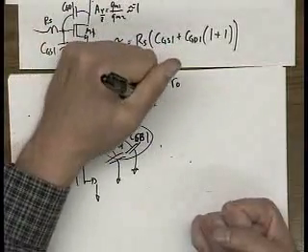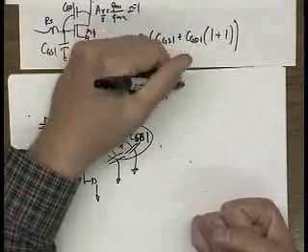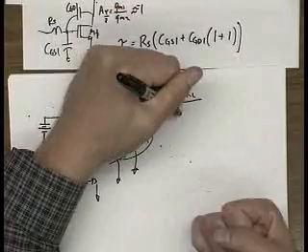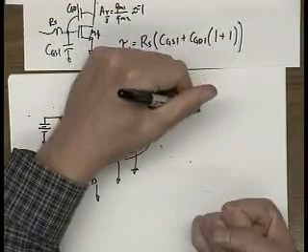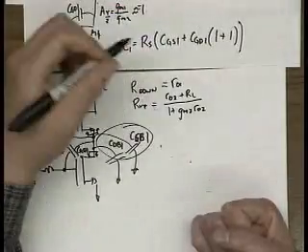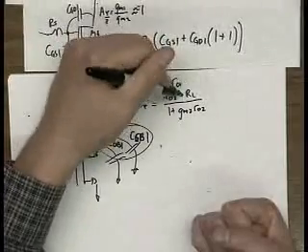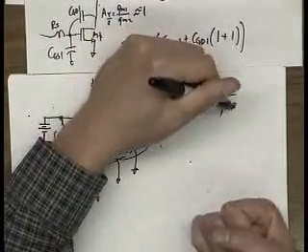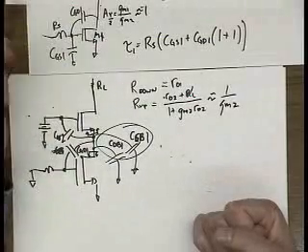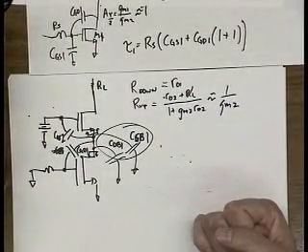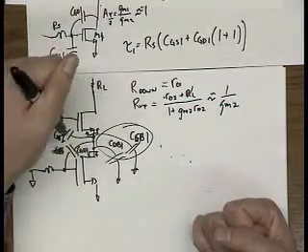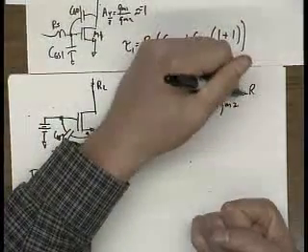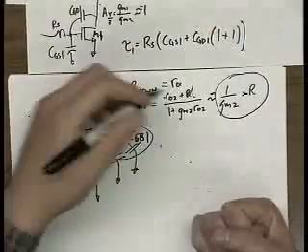R up is equal to RO2 plus RL over 1 plus GM2 RO2. If we assume that RL is smaller than RO2, you get roughly 1 over GM2, as we said before, which is why it's a low impedance node. So the R is basically equal to that, and the capacitance.